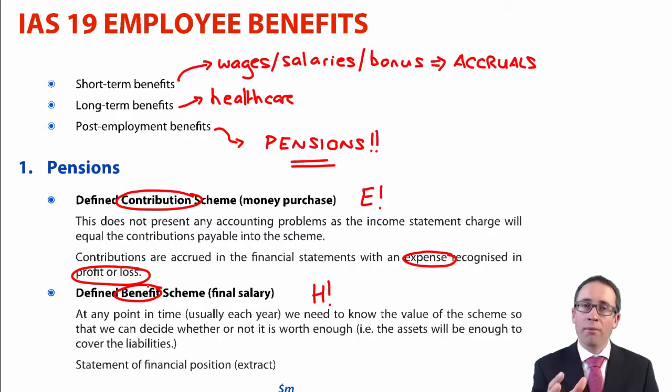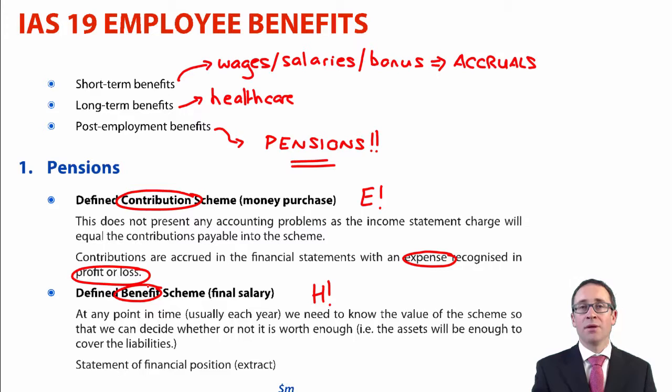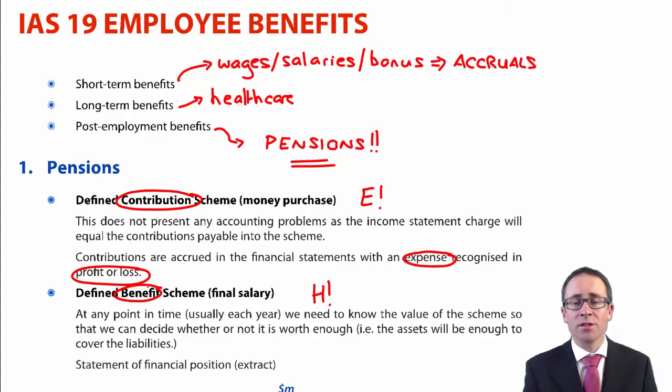Sounds good, doesn't it? But the problem is a lot of businesses are closing down the defined benefit schemes and beginning to move to defined contribution, because the businesses do not like to have that risk of running a defined benefit scheme. Okay. And that then begins to make the accounting treatment a little bit more complex, because if the company has the risk, the company needs to make the investments.